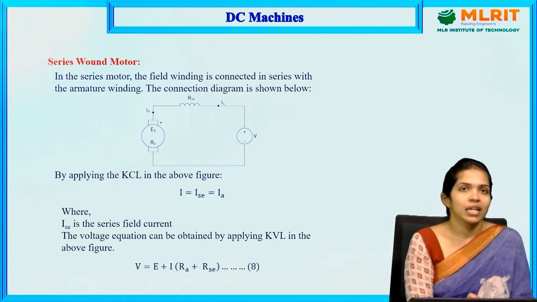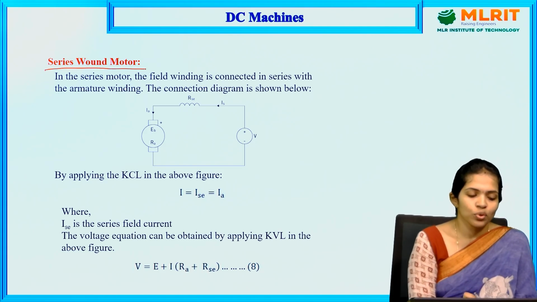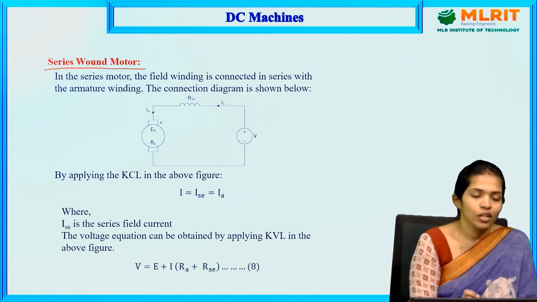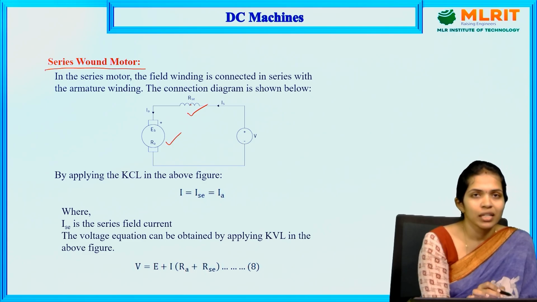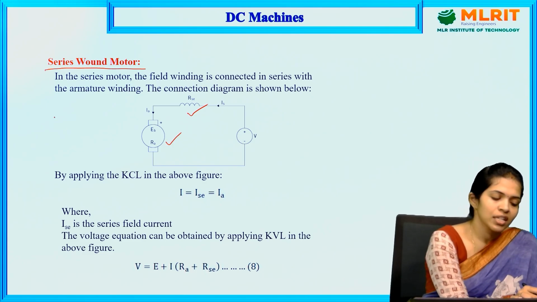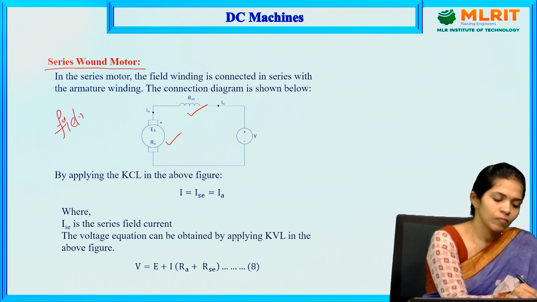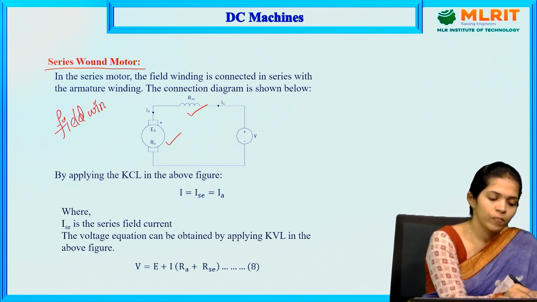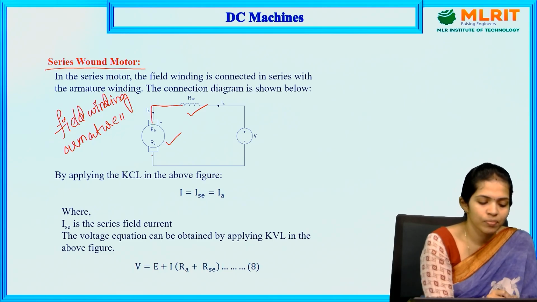Moving on to the next kind of motor, the series wound motor. In a series wound motor, the name itself indicates that both the field winding and the armature winding are connected in series.